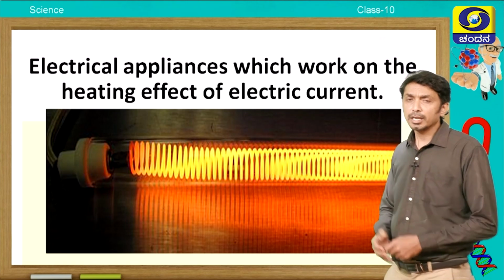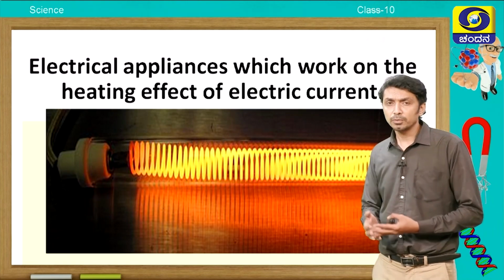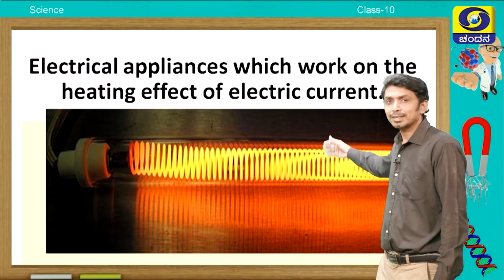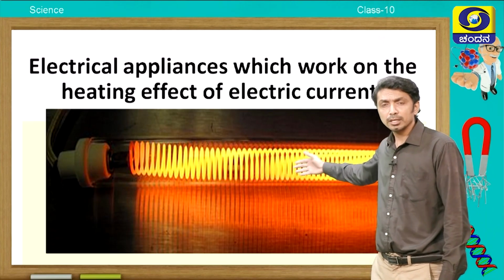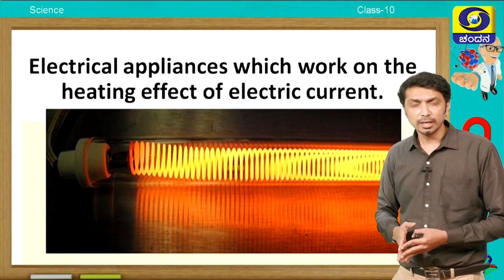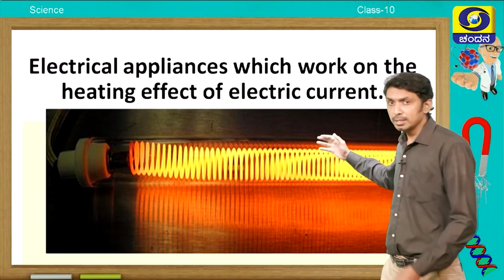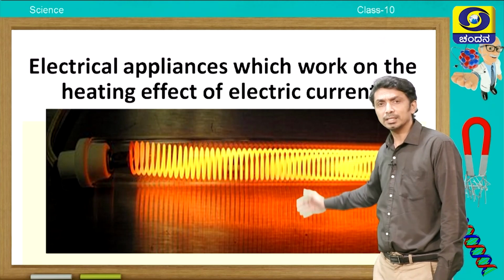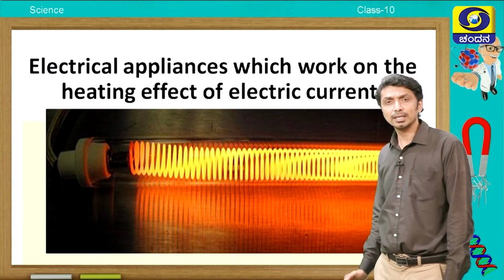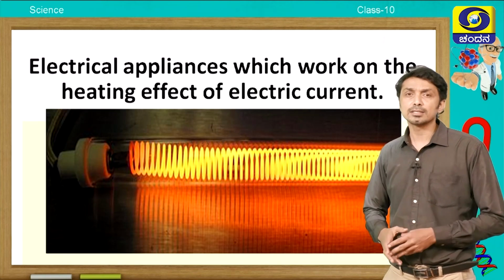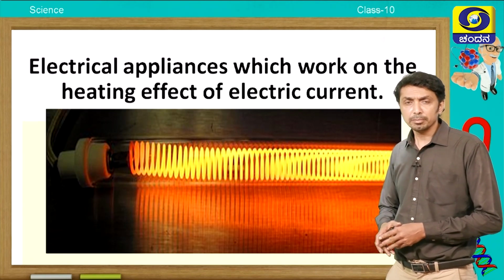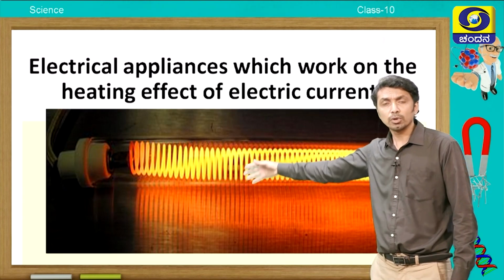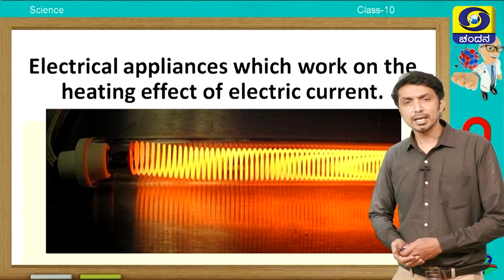But if you take a wire which has a lower resistance, then it will not get red. That means it will not get heated up so easily. So the reason for the conductor getting heated is the resistance of the conductor, because of which more charges collide and more heat energy is produced.